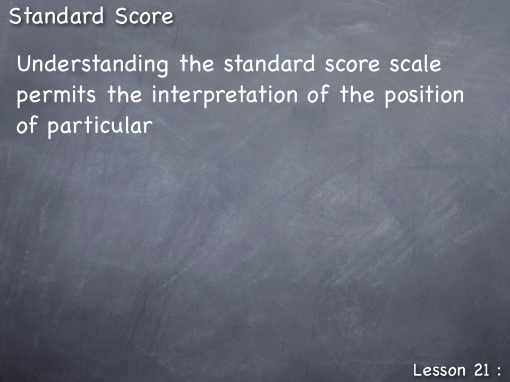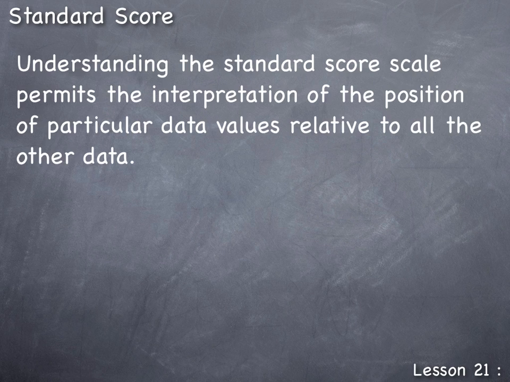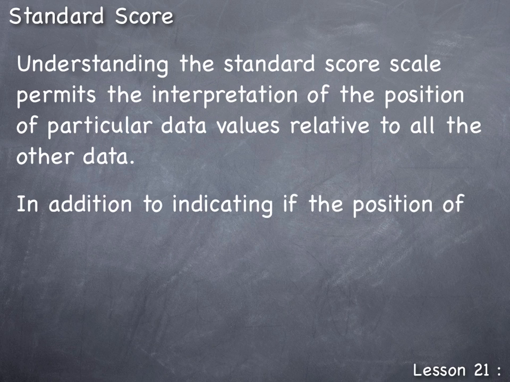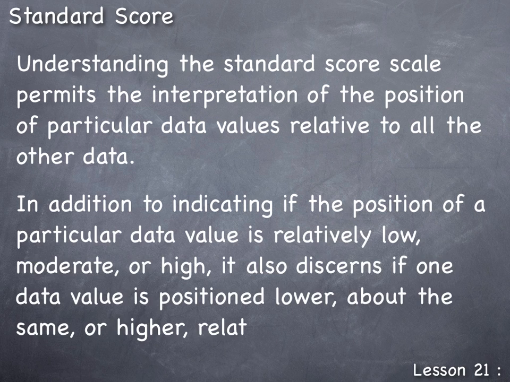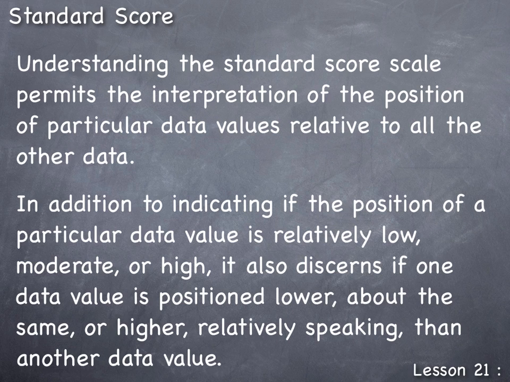Understanding the standard score scale permits the interpretation of the position of particular data values relative to all the other data. In addition to indicating if the position of a particular data value is relatively low, moderate, or high, it also discerns if one data value is positioned lower, about the same, or higher, relatively speaking, than another data value.